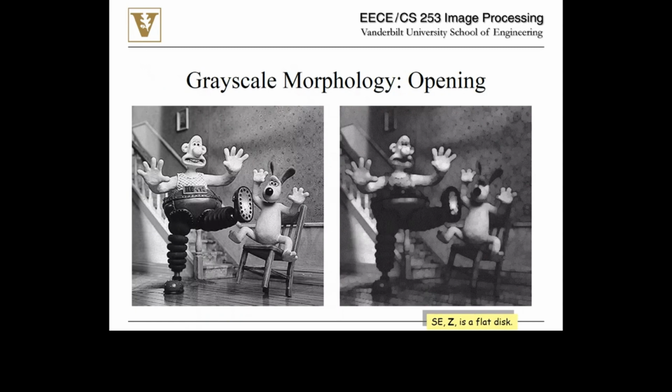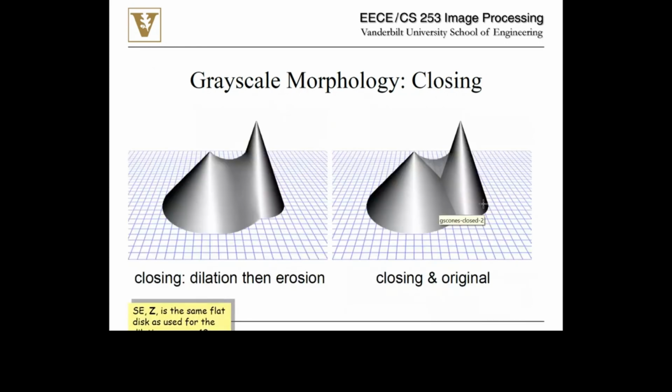We are getting rid of the bright peaks in the opening, so the bright peaks disappear here. And in the closing, what you are getting rid of are the valleys. So the valleys disappear in the closing. You have a valley, for instance, between these two cones, and then the valley is filled.